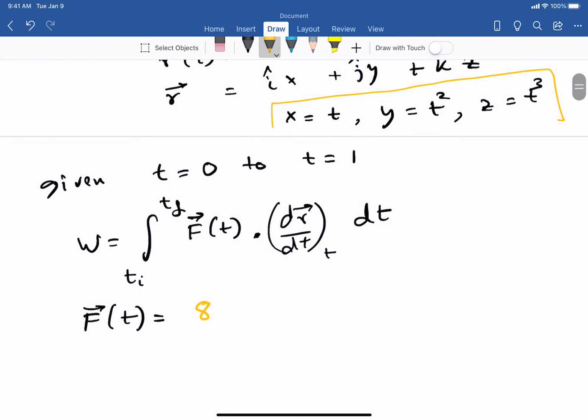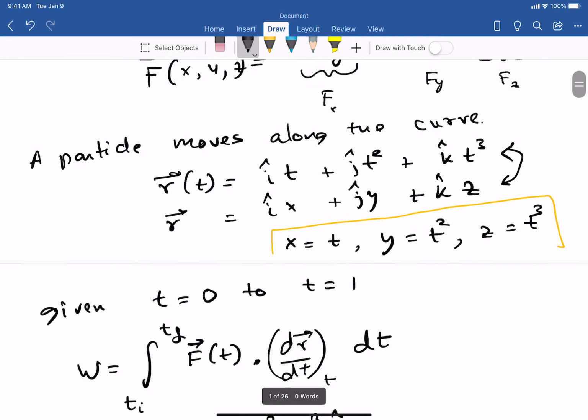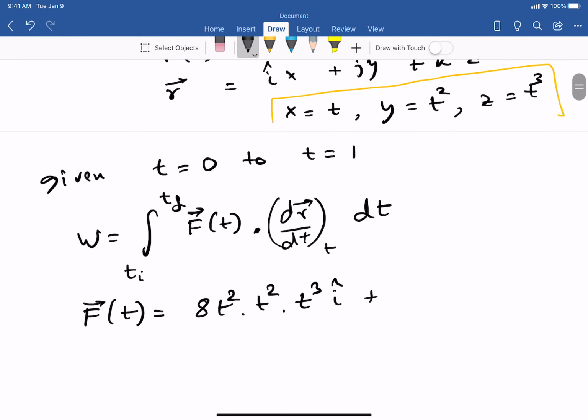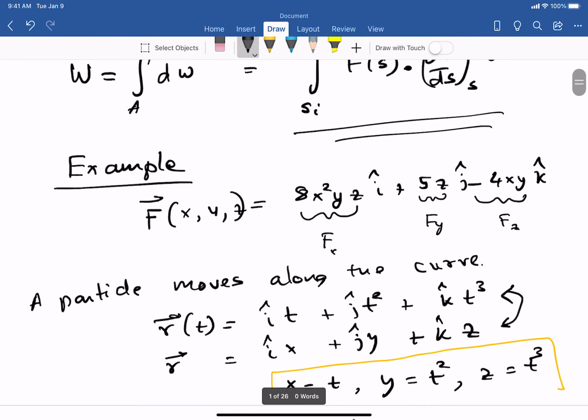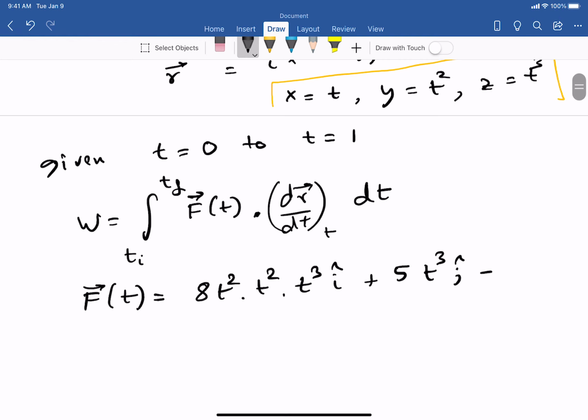So it's going to be 8 t squared, y is t squared, and z is t cubed, i hat. Then the next term is 5z j hat, so plus 5z, z is t cubed, j hat. And the third term is minus 4xy k hat. So minus 4, x is t, y is t squared, k hat.